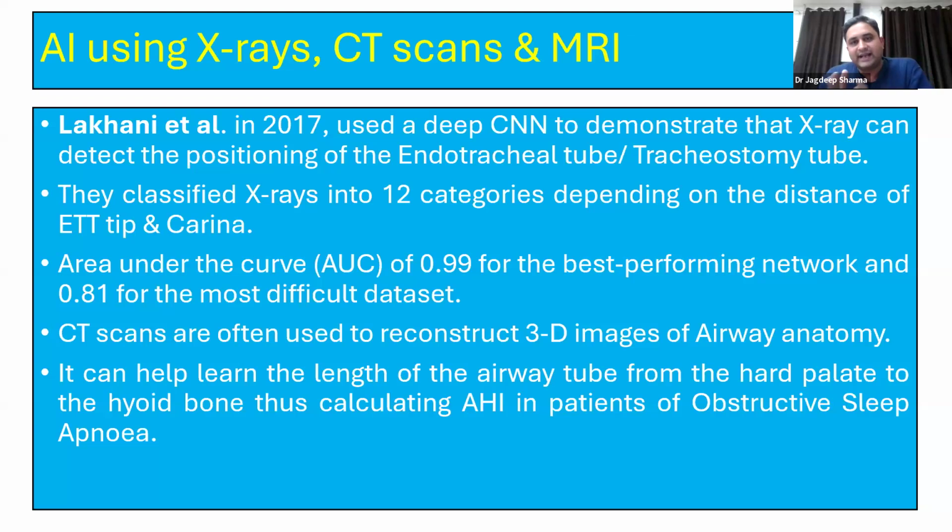They classified X-rays into 12 categories depending on the distance of the endotracheal tip and carina. And they found that the area under the curve in identification of right position or malposition of the endotracheal tube or tracheostomy tube is 0.99 for the best performing network and 0.81 for the most difficult dataset.